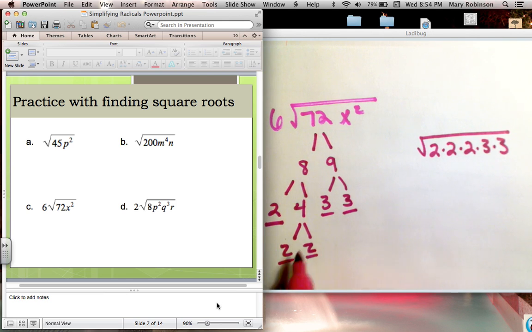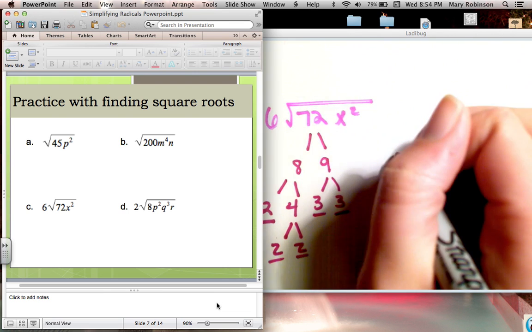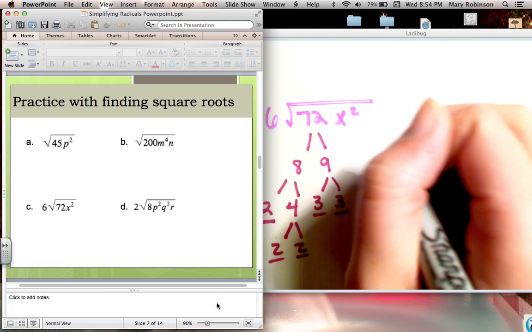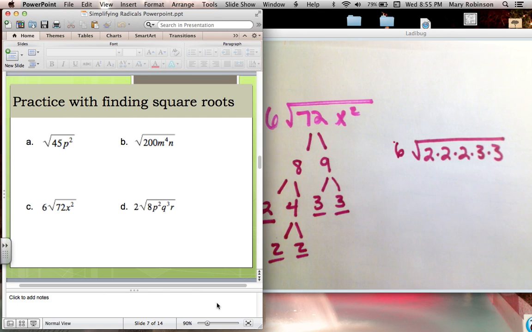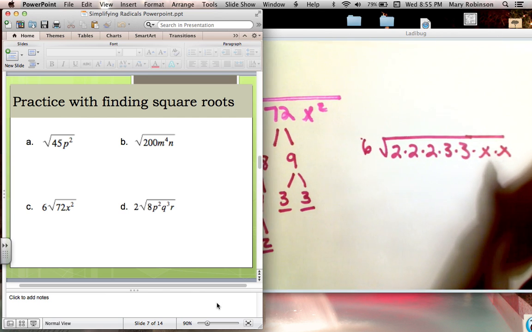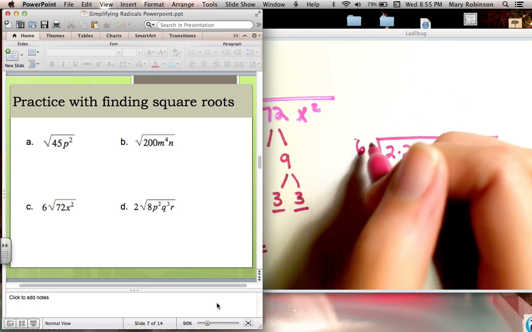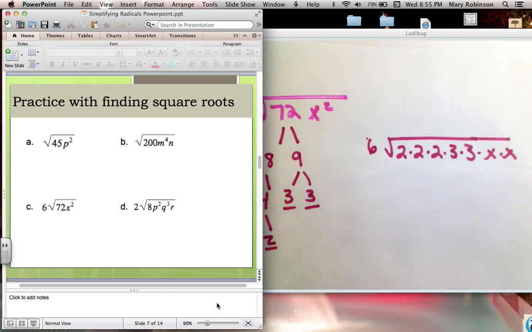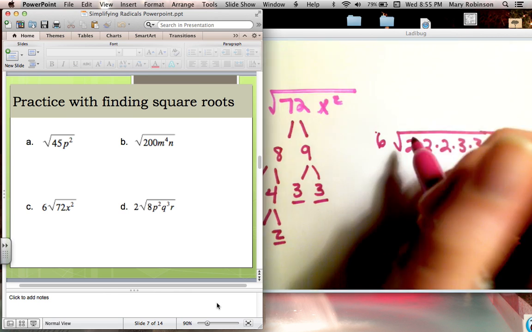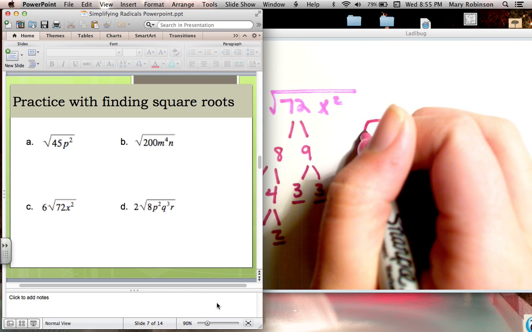I have 3 2's and 2 3's. And then I just have to do, oh, there's a 6 there. Alright, right here. And then we have x squared, which just means we have x times x. Remember, we have a little imaginary 2 right there for the square root. So that means it takes two numbers to get out. So we have two 2's here, which can come out.